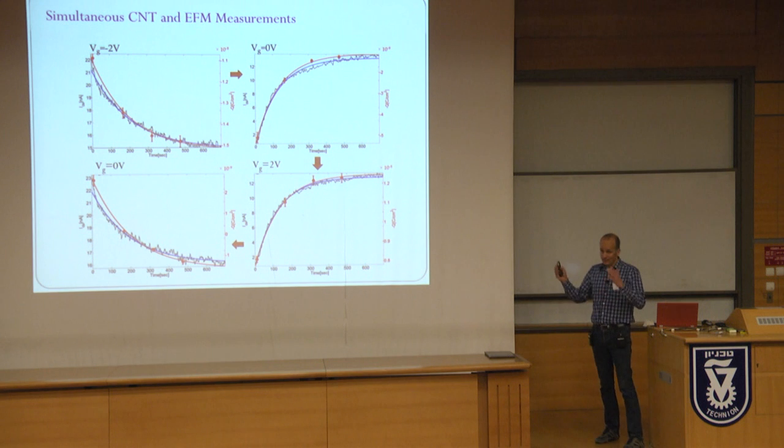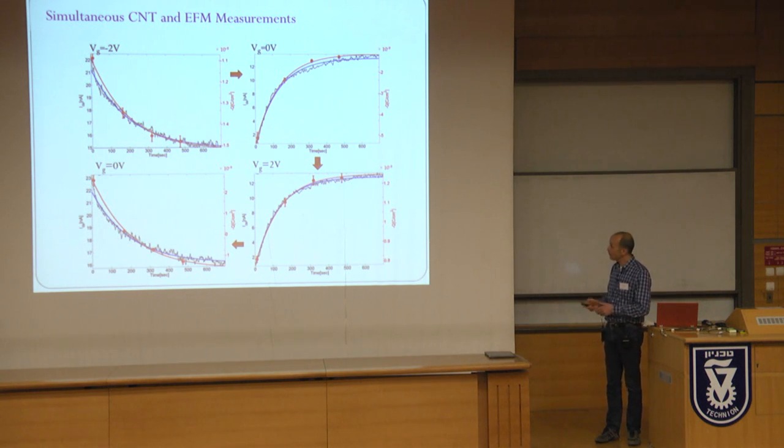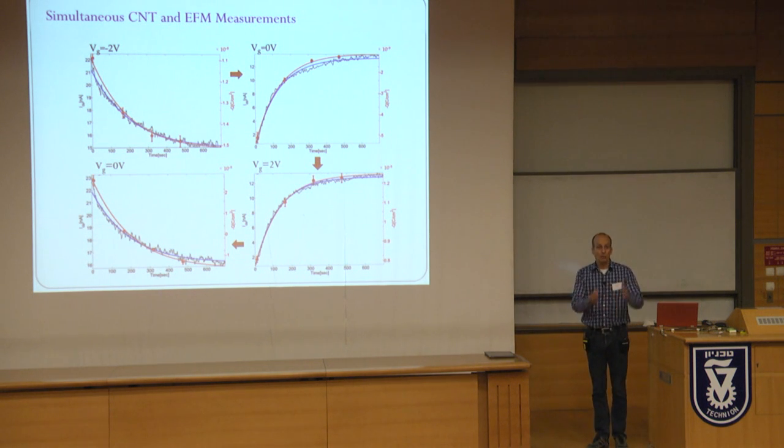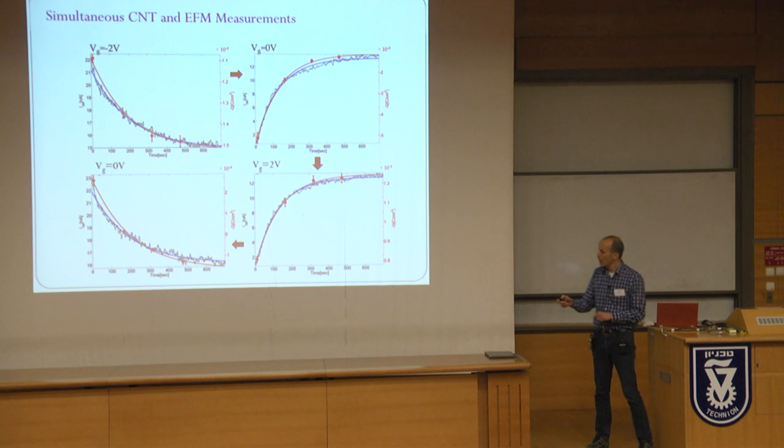So now this is the main cartoon, or the main graphs, that I can show you. Now we can really do the simultaneous measurement. We measure the current through the carbon nanotube, and we measure EFM. Now we would like to combine the two, meaning to do the measurement while sitting near the nanotube and see what happens to the charge.